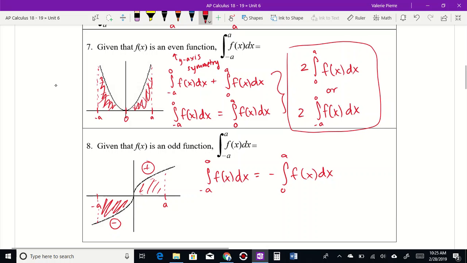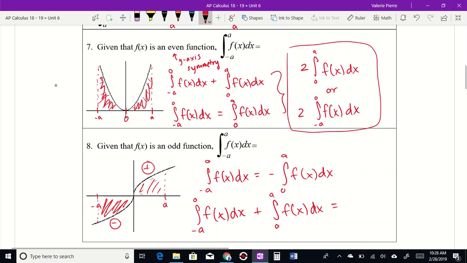when we're using this transitive property, we want negative a to 0 of f of x dx plus 0 to a of f of x dx. And we know that negative a to 0 of f of x dx is the same as negative 0 to a.